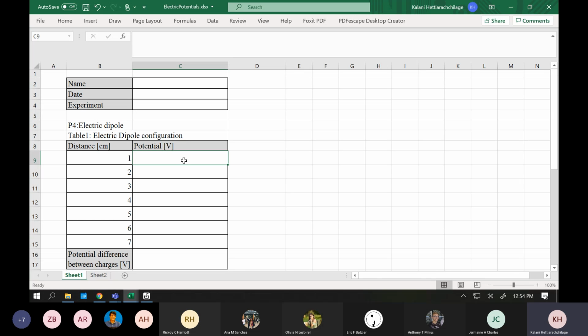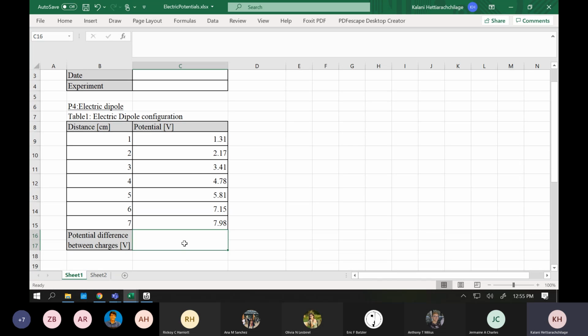The first line has voltage 1.31, the second line 2.17, the third line 3.41, then 4.78, next 5.2, and the last one 7. And this asks what is the potential difference between the charges. That's the value we measured last.